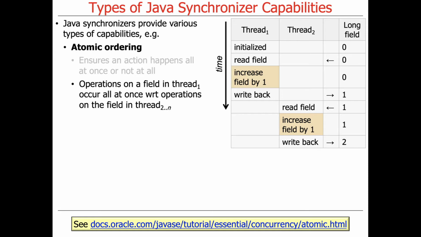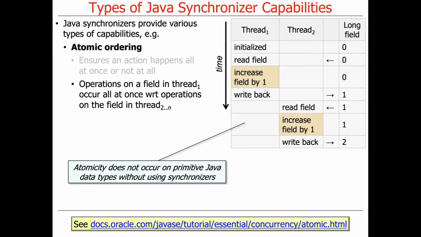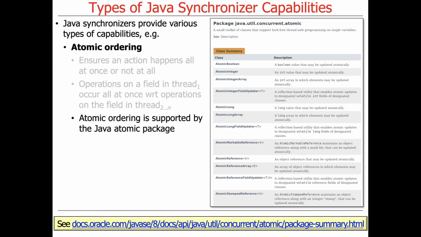Thread 2 reads the value, increments it by 1, and writes it back. This is a sequential ordering, and all is well. However, this sequential ordering will not happen, except by luck, if you don't use synchronizers. If you fail to use synchronizers, then weird things will happen. We'll take a look at that.